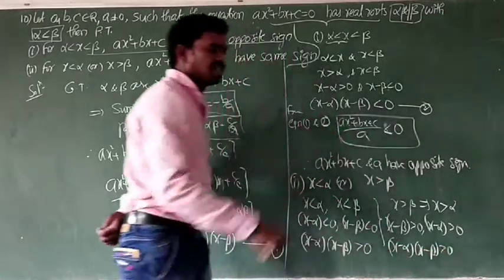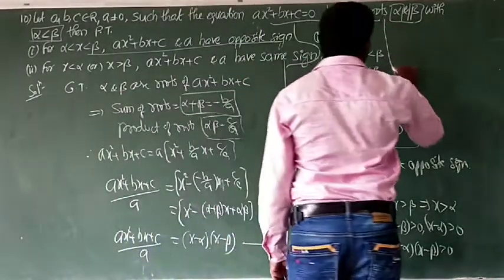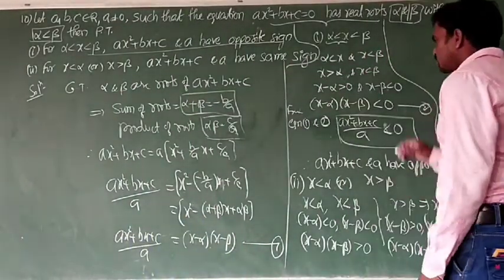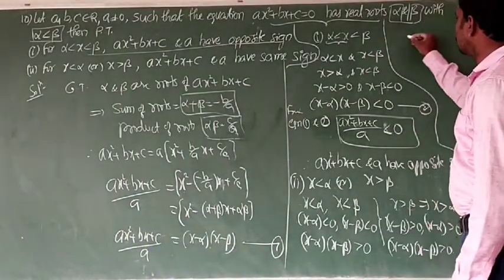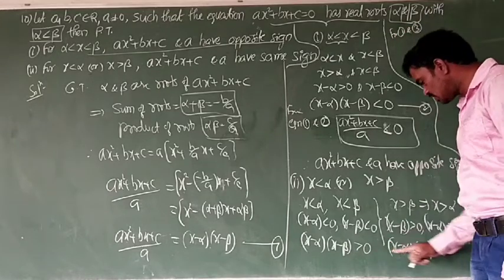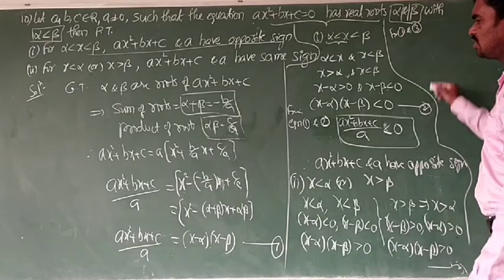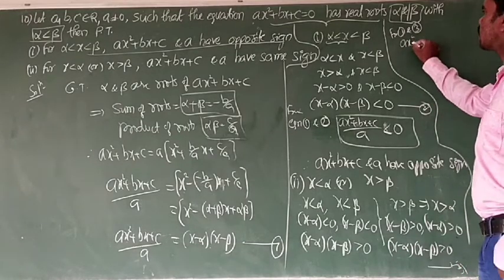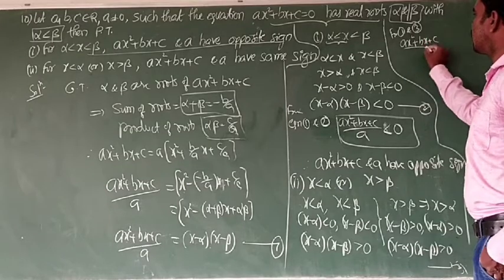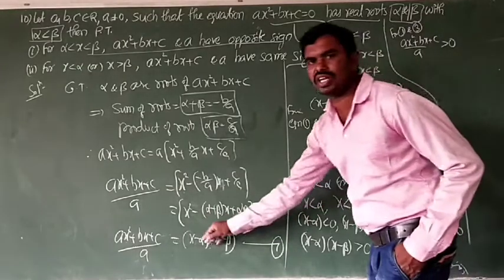So both are the same conditions. So then we can add. So here I am writing. Therefore, from 1 and 3, these two represent the same equation. So equation 3. From 1 and 3, what can we write? (ax square plus bx plus c) by a is greater than 0, because the value of this function is greater than 0.